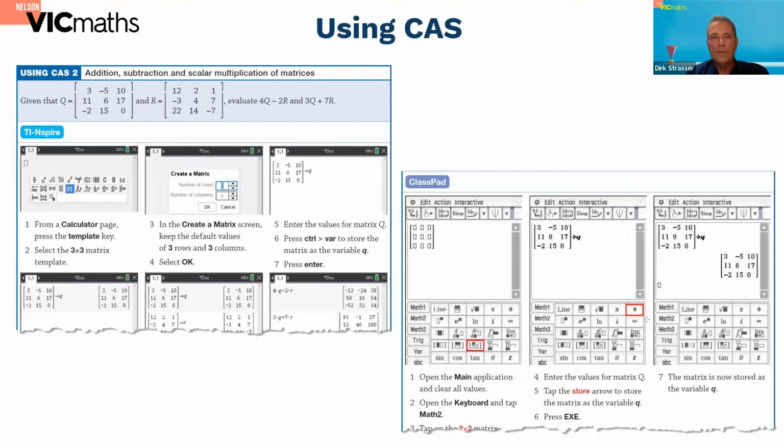So if you get a chance when you're looking at the page, please have a close look at how we've done using CAS, because we've done a really easy to use way of presenting this, which is a bit different to what has been around.